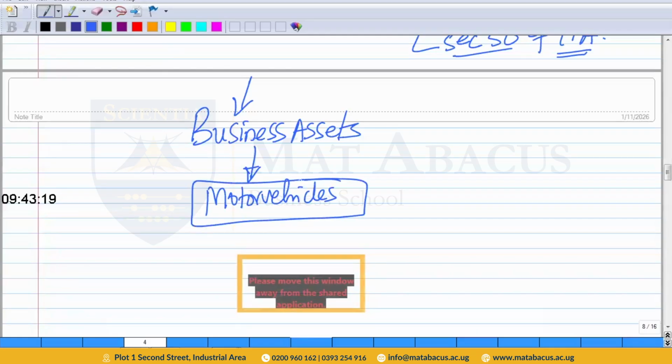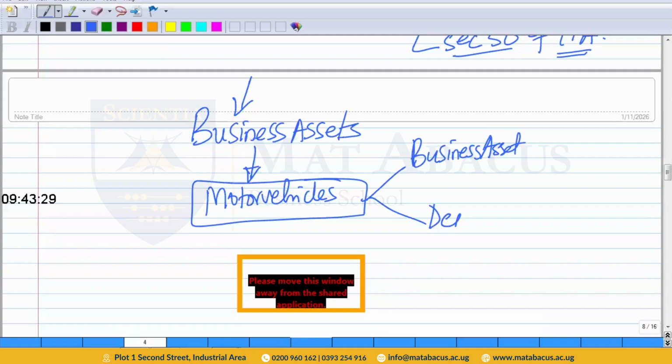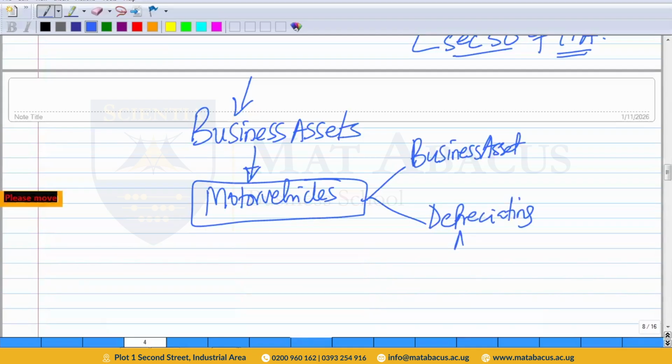If you have a motor vehicle, it has two assets: a business asset and a depreciating asset. The depreciating asset is 60 million.